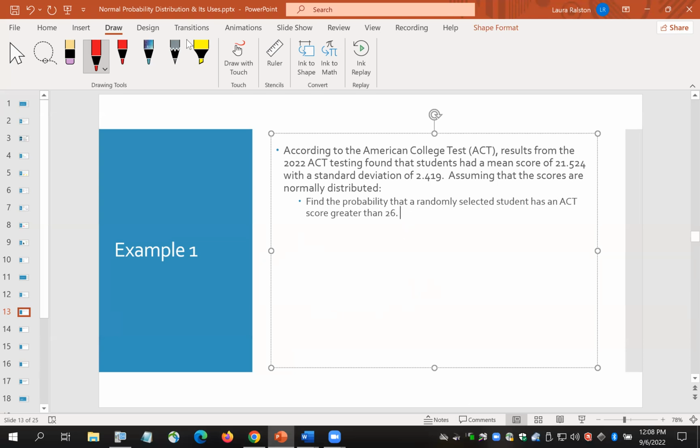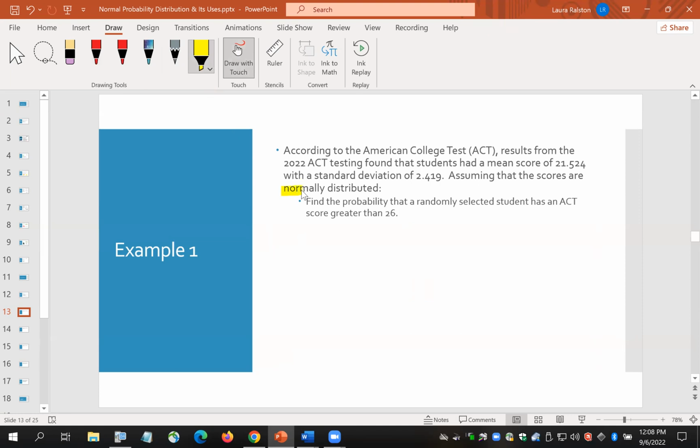Okay, now, a couple of things to notice. First, it clearly tells you in the problem that X is normally distributed. It clearly tells you the mean, and it clearly tells you the standard deviation.